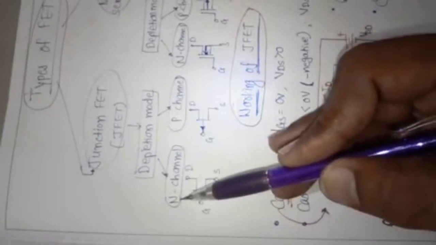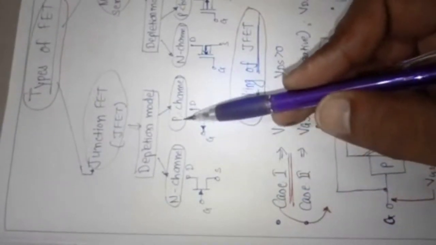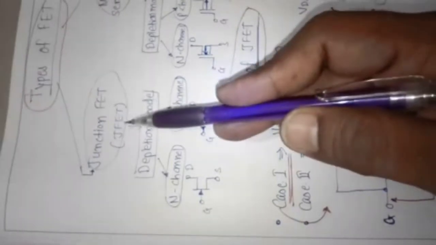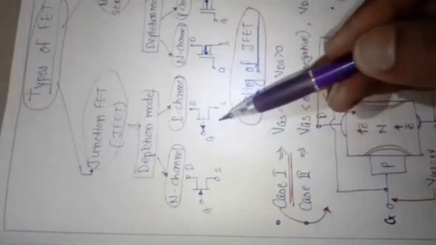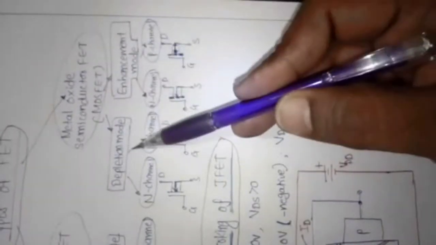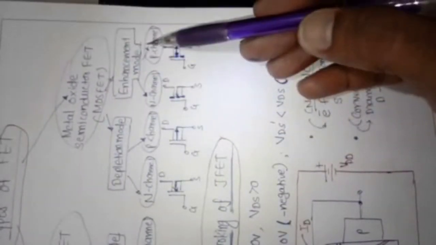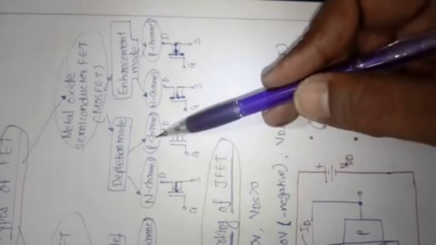In depletion mode, if the channel is n-type, it is an n-channel JFET. If the channel is p-type, it is called a p-channel JFET. In the same way, there are two categories here: depletion mode and enhancement mode, each with n-channel and p-channel. This will be discussed in the next session.